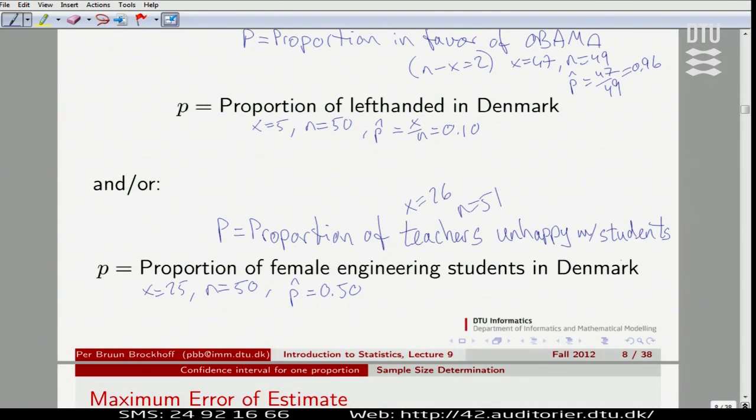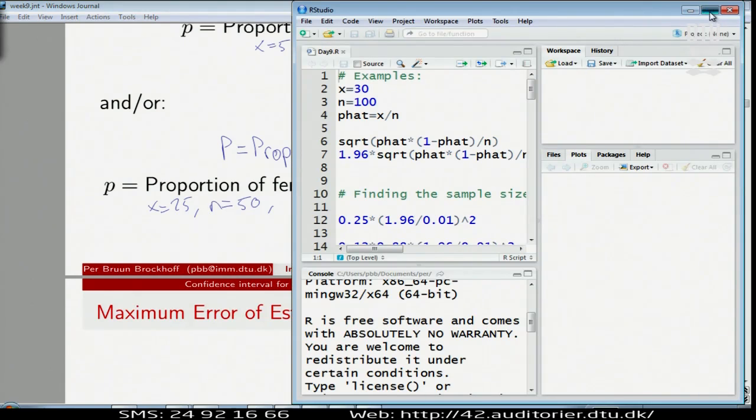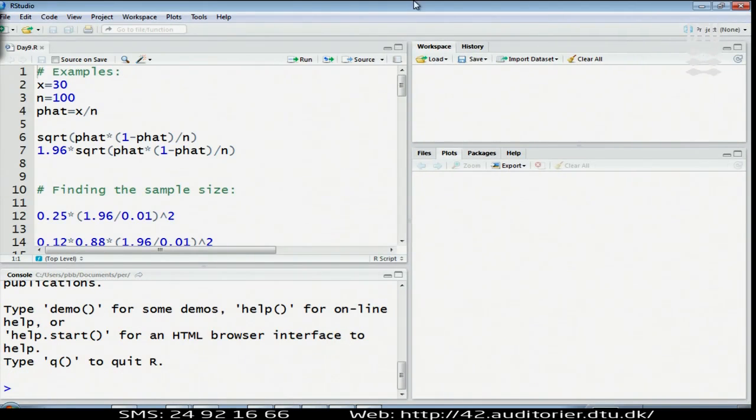So the proportion of teachers finding there is a problem is 26 over 51. Should we do some computations? Let's do them in our favorite tool here.